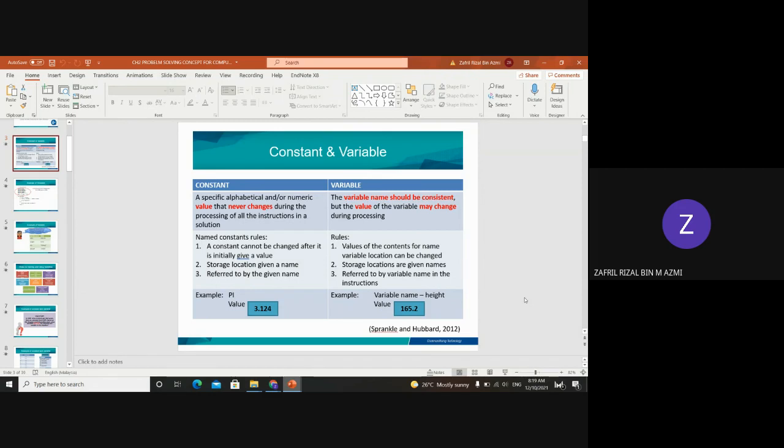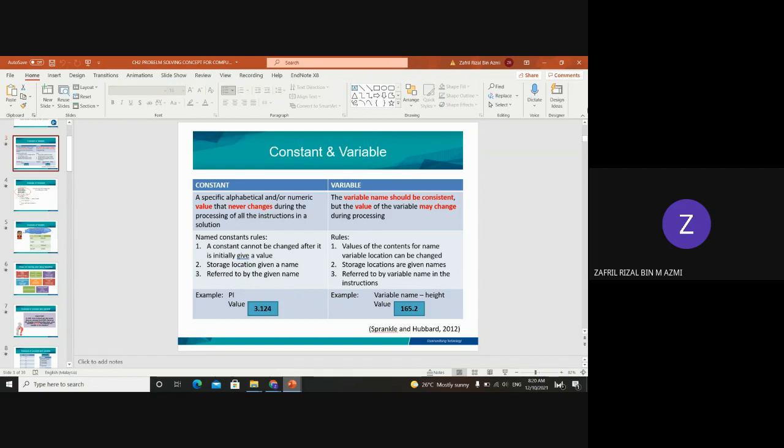Then again, why do we need constant and why do we need variable, and what's the difference? Variable, basically the data that a variable can hold is data that can be changed throughout the program.